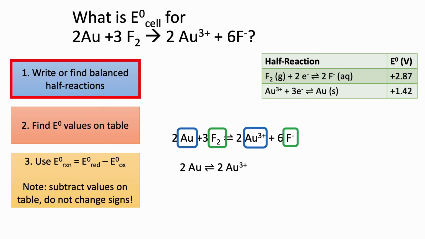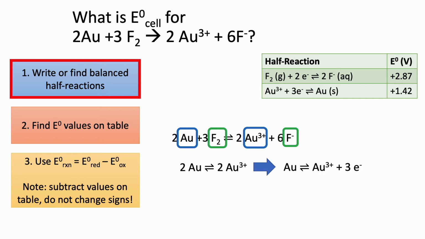So let's take this first set of gold, and you'll notice we have two of everything. We want to simplify that down as much as possible because that's how it's going to appear in the table of standard reduction potentials. And also we need to make sure that we make it a balanced half reaction by adding electrons.